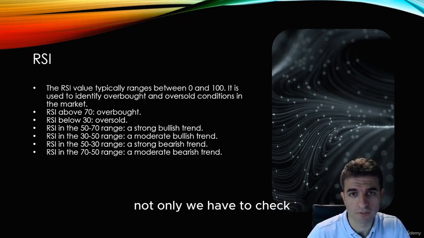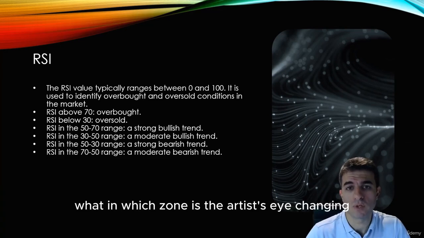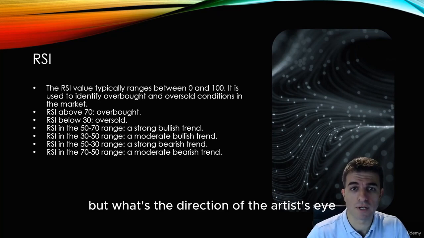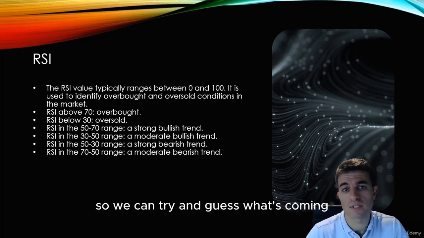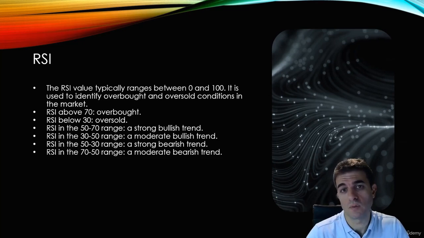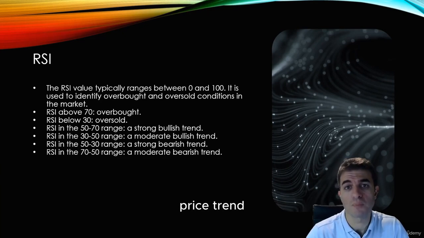So not only do we have to check the values of the RSI, like in which zone the RSI is changing, but what's the direction of the RSI, what's the trend of the RSI, so we can try and guess what's coming within the price trend, or to forecast the future of the price trend.